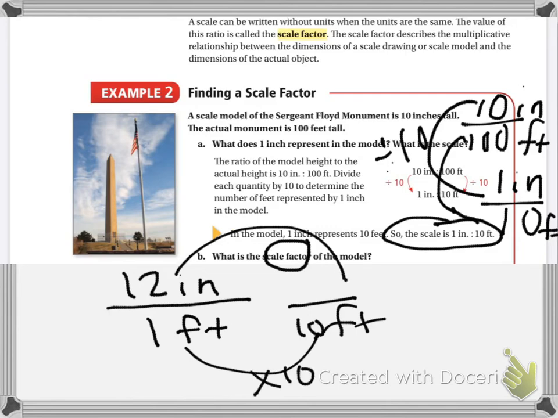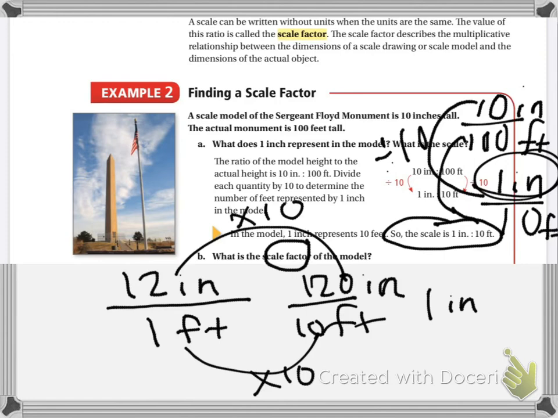So if I multiply here by 10, I get 120 inches. Which tells me then that for every 1 inch, that is going to be 120 inches of the actual.